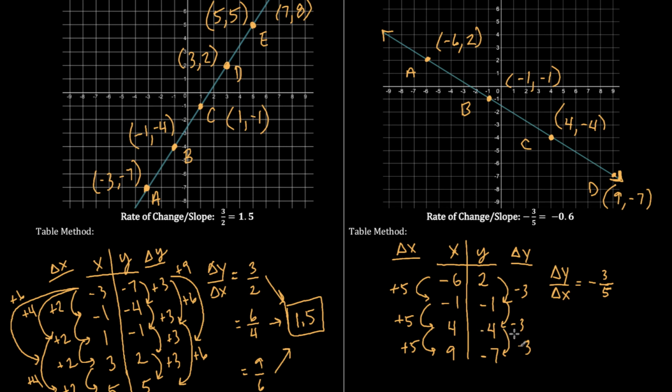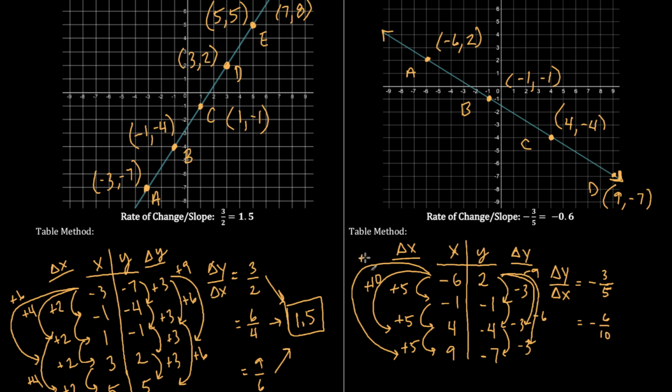And this is also, oh, we got to show this one. So 2 to -4 would be -6. -6 to 4 is +10. So negative over positive is -6/10. And lastly, we have this 2 to -7, which is -9, and -6 to 9, which is +15.